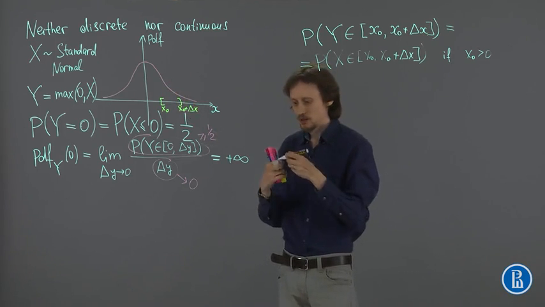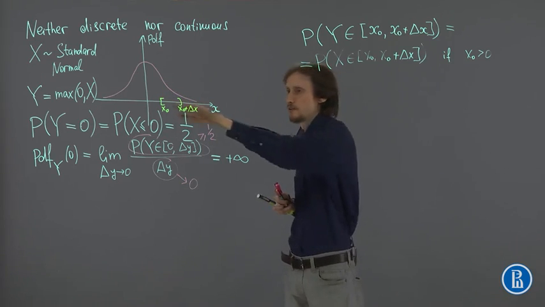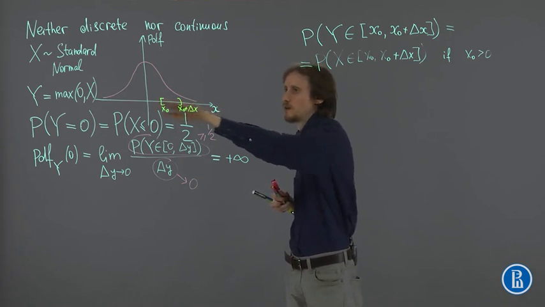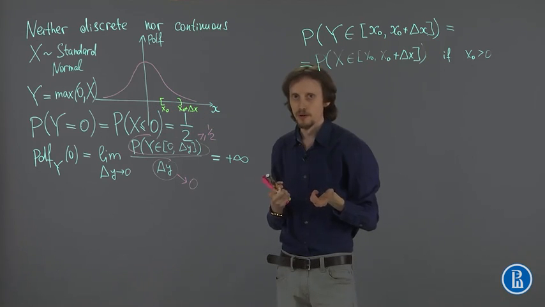We see that, for example, the probability of any single point here that is greater than 0 is 0, as it goes for random variables with a probability density function.